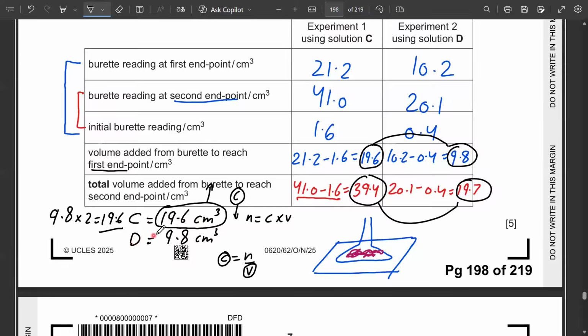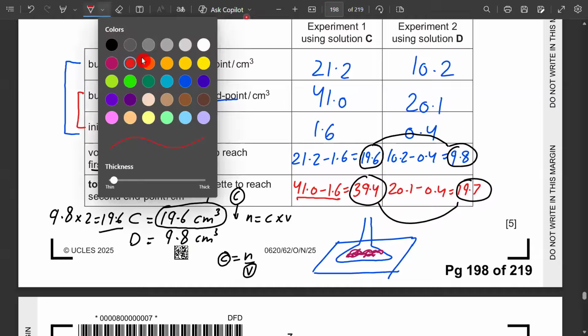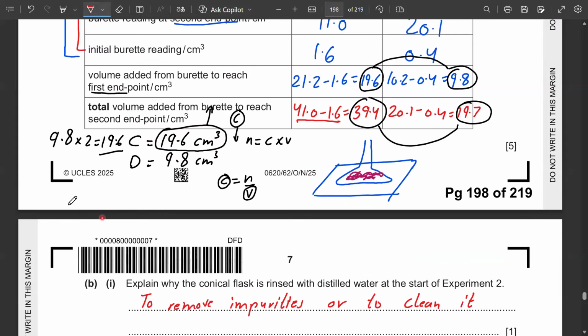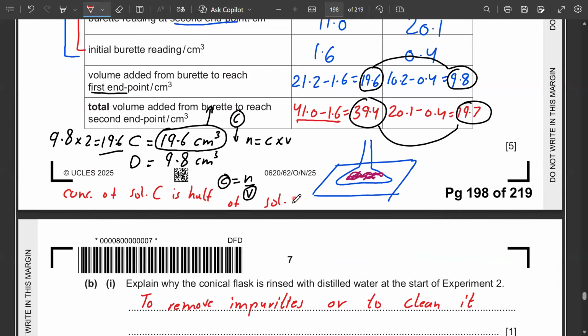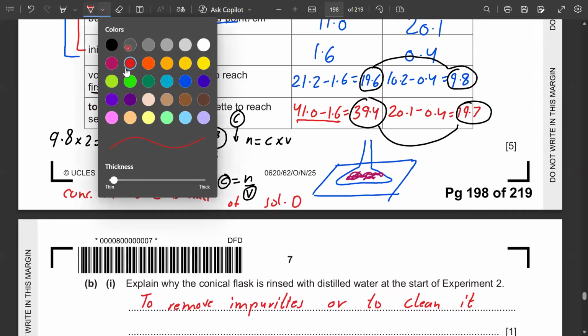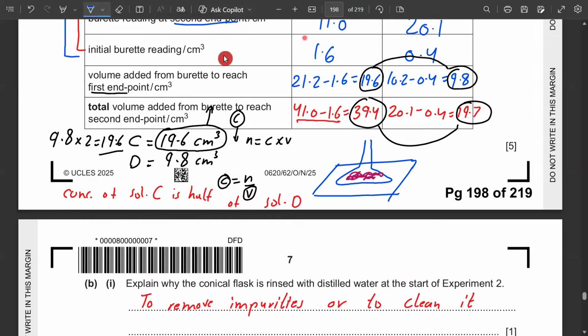In other words, we can say that the concentration of solution C is half of solution D. This is half of solution D. You can also do the calculation for the volume of C and D in the second endpoint, 39.4 versus 19.7.